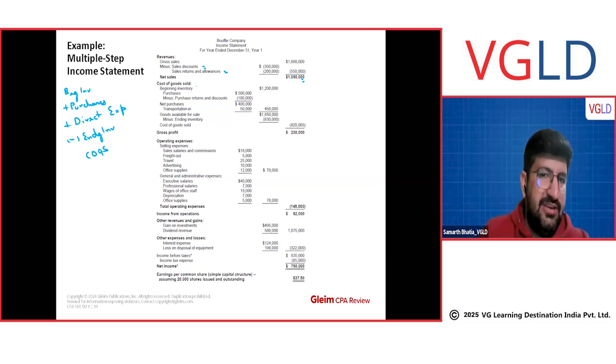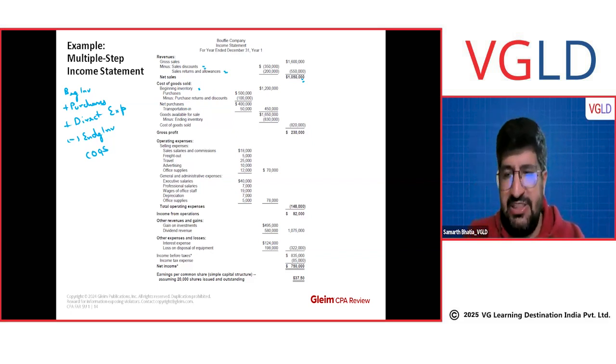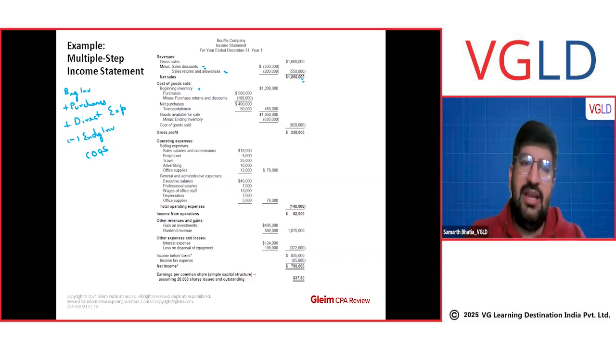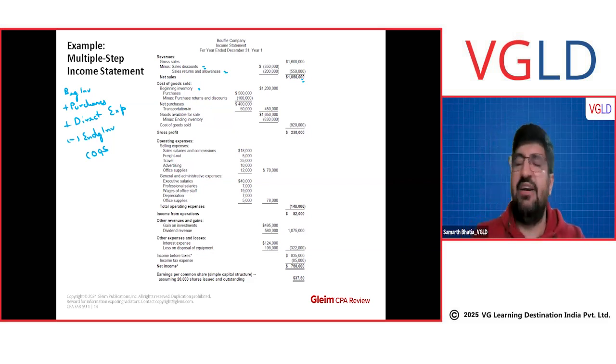So the same calculation they have done. To the beginning inventory, they add the net purchases. Net purchases is calculated as purchases, then out of purchases we adjust the purchase returns and discount, and finally we have net purchases. We add the direct expenses, which is transportation in, and when we subtract the ending inventory, we have the cost of goods sold.